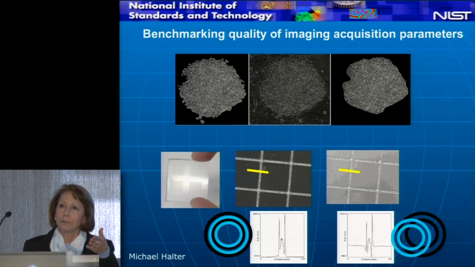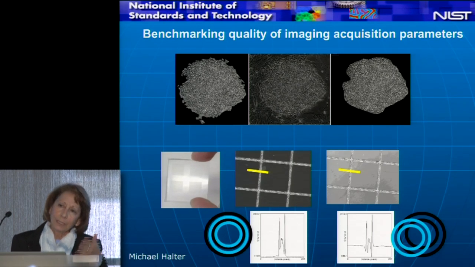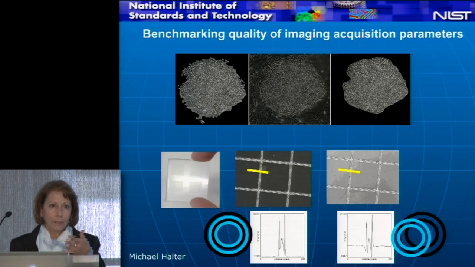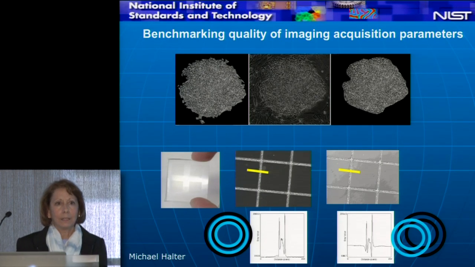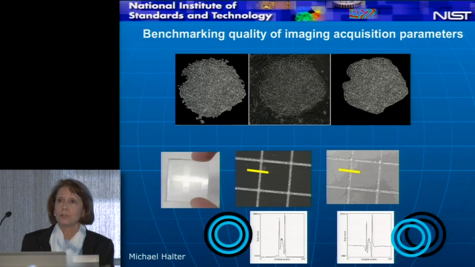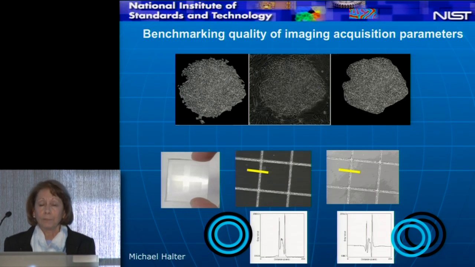We're going to have some confidence in the quality of that image so that when the expert looks at it, their opinion is relevant, right? They're not looking at a poor quality image that they really can't evaluate adequately anyway. We want every image to be as good an image as it can be.